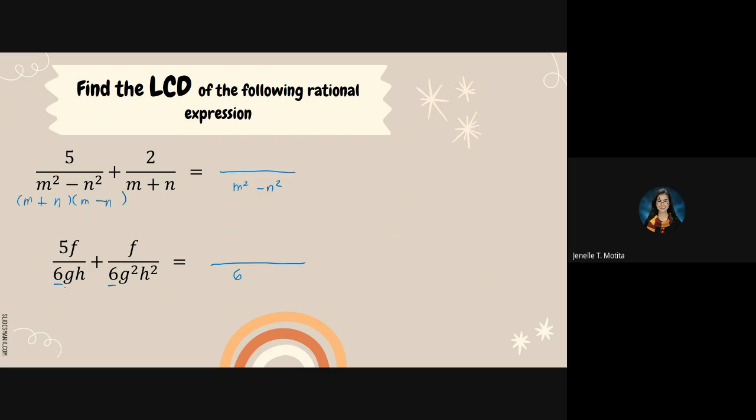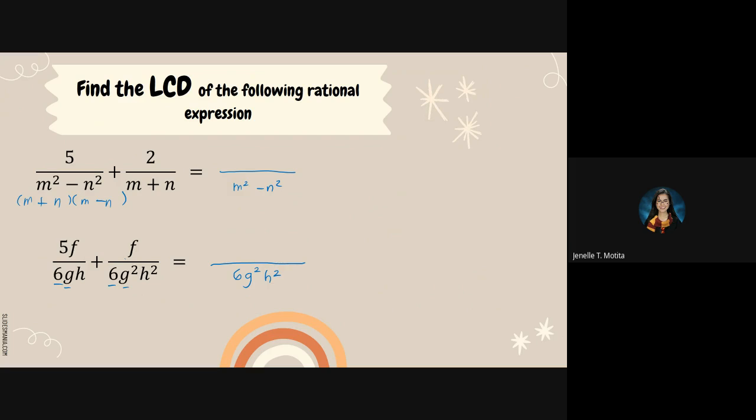Next, for the variables, get the variable with the highest exponent. So we will have g squared and h squared: g squared, since this is the highest exponent for g, and h squared, since 2 is the highest exponent for h. And we have completed finding the LCD of the following rational expressions.